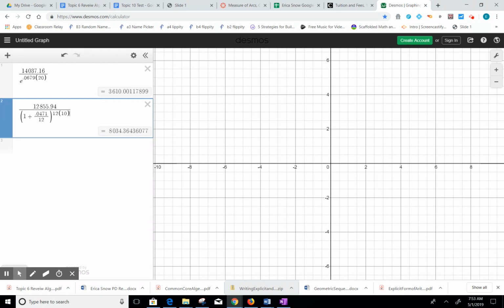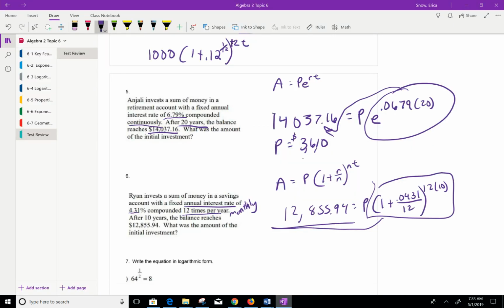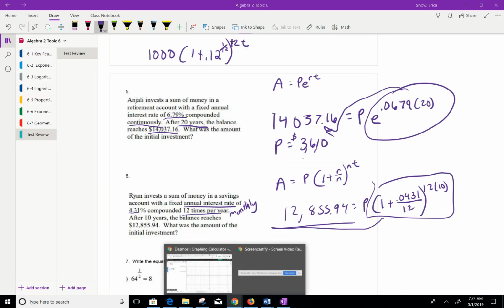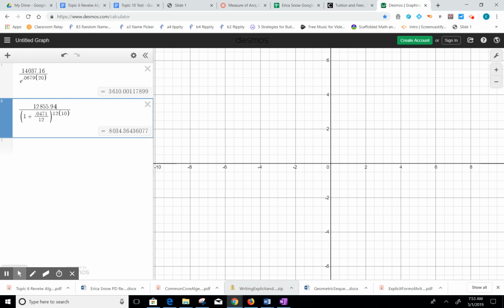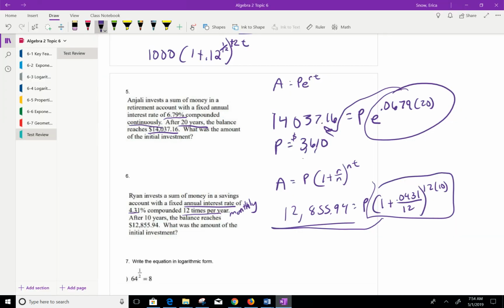Let's make sure I have that interest rate right because I'm not sure about that. 0.0431. So let me go back and fix that. So we started out with 8361 in our account. Continuous compounding, it's good stuff.